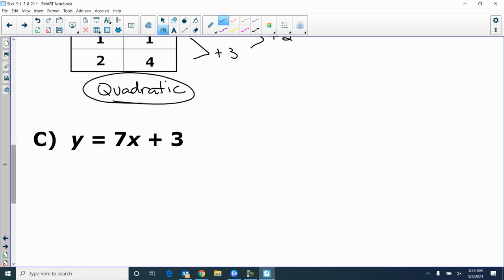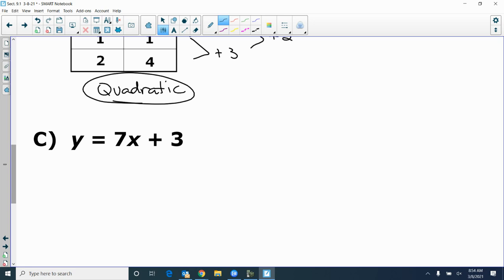Now, what if I just give you the equation? So you take a look at C there. Go ahead and get this for sure. All right, is that quadratic? Connor, what's your gut tell you? It is not quadratic. Why? What's it missing? It's missing the x squared. Doesn't have an x squared, not quadratic.